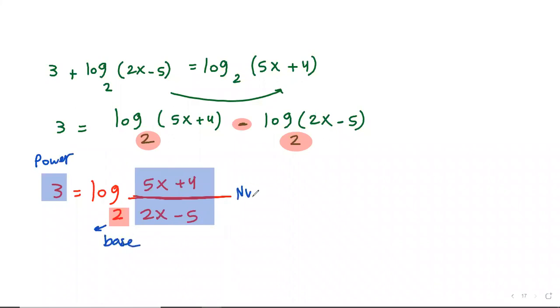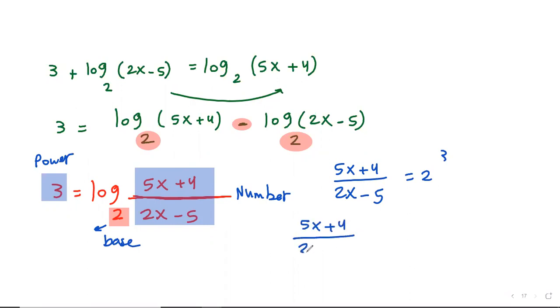So write the number, 5x plus 4 over 2x minus 5, equals the base 2 raised to the power of 3. And 2 to the power of 3 is 8. So 5x plus 4 over 2x minus 5 equals 8, which is 8 over 1. Do cross multiplying.